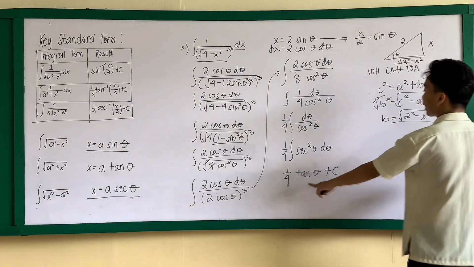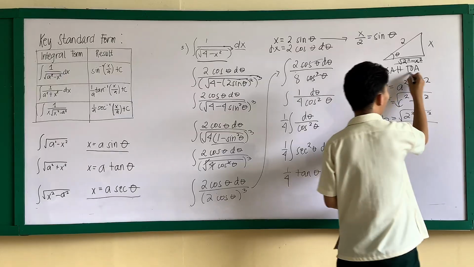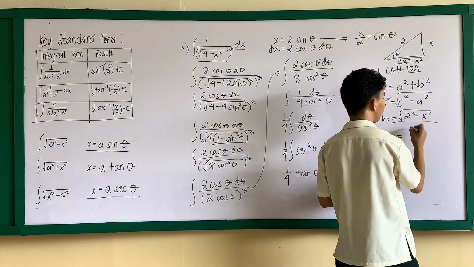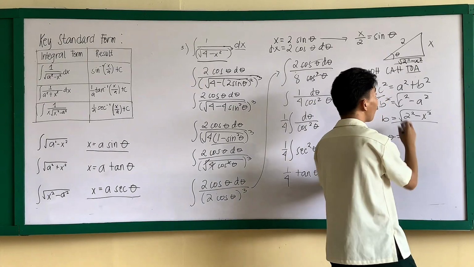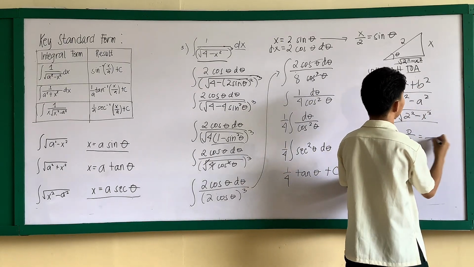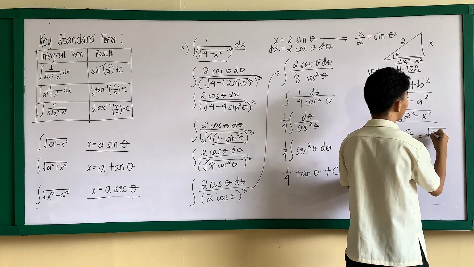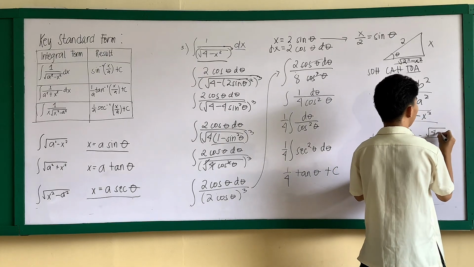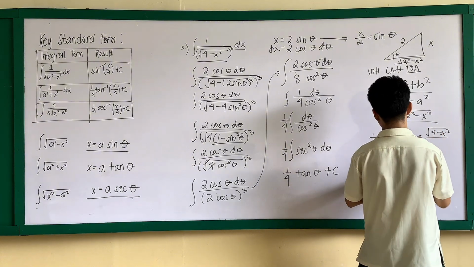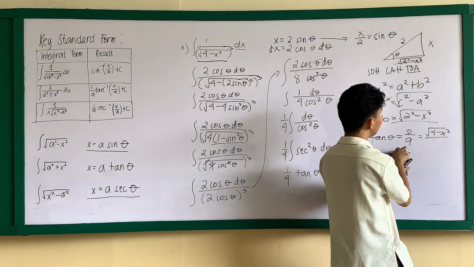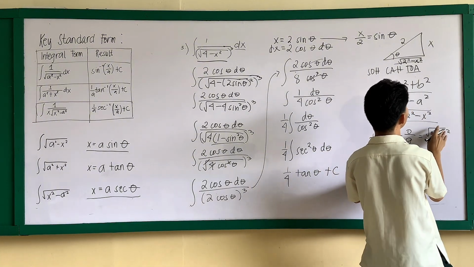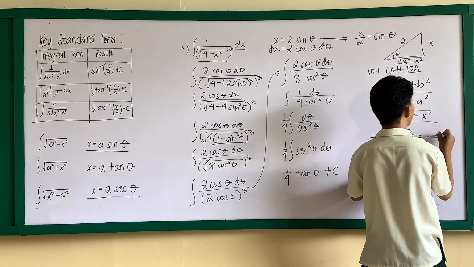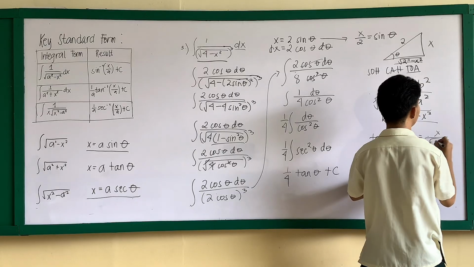So since it's tan, we need to use the TOA. So tan theta is equal to opposite over adjacent. The opposite is the x, and the adjacent is the square root of 2 squared minus x squared.